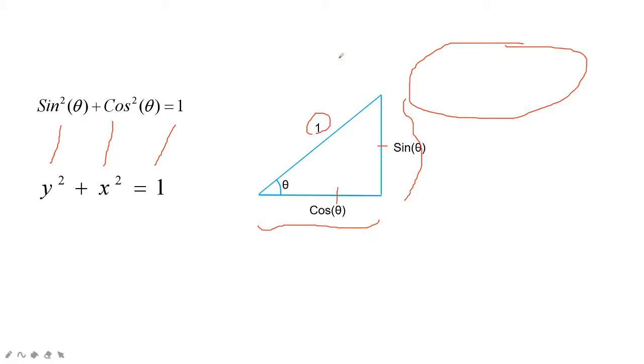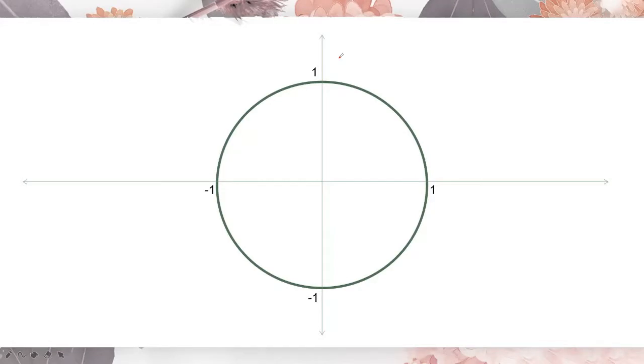And that is the reason why, my friends, we are getting a circle. We are getting a unit circle. See, x square plus y square is equal to 1 is the equation of a unit circle, okay? That 1 is showing the radius. Likewise, sine square theta plus cos square theta is equal to 1 is also showing the same equation, which leads to a unit circle.